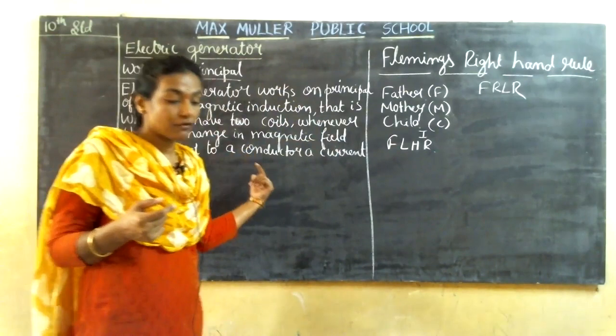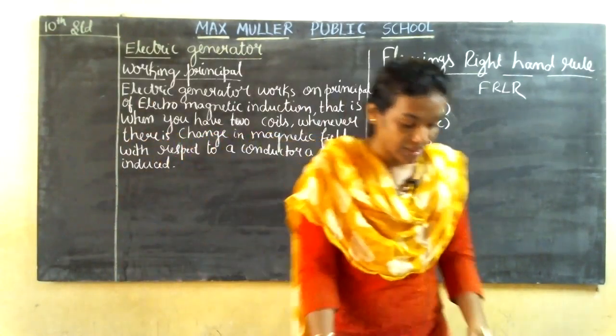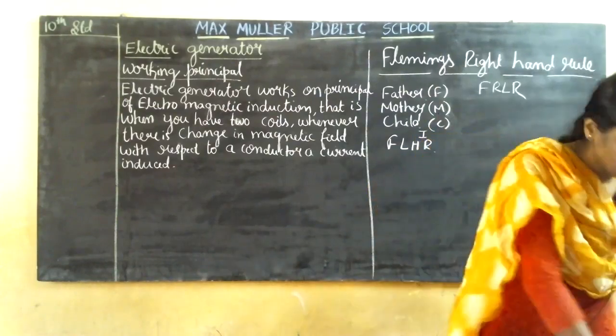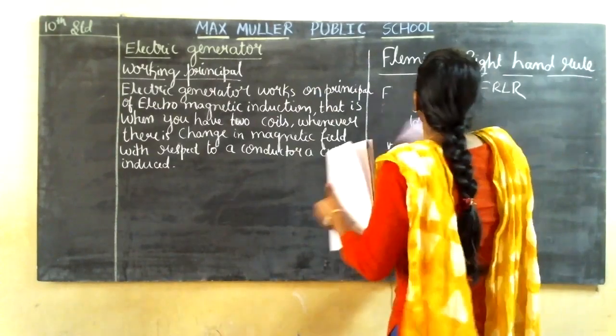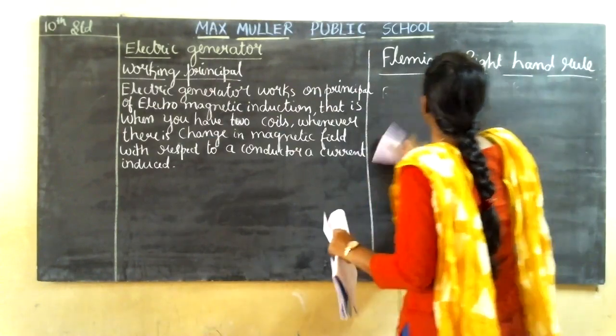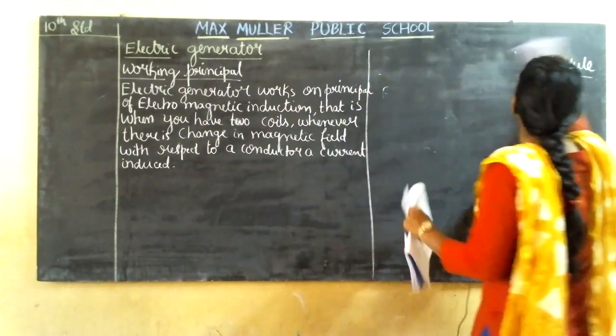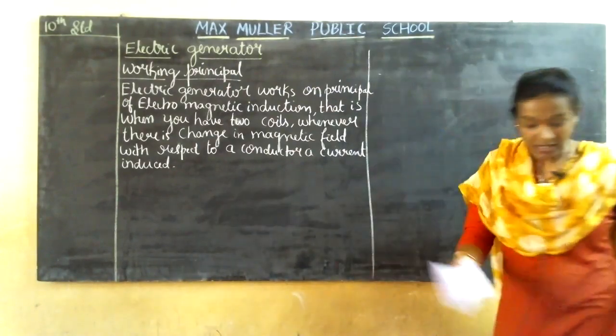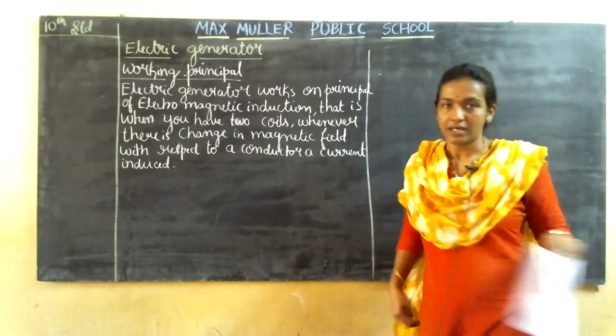This is the principle of an electric generator. It might not be required in the exam to draw the diagram, but you have to understand the concept. If you have knowledge about it, whatever question arises, you will be able to answer, right?